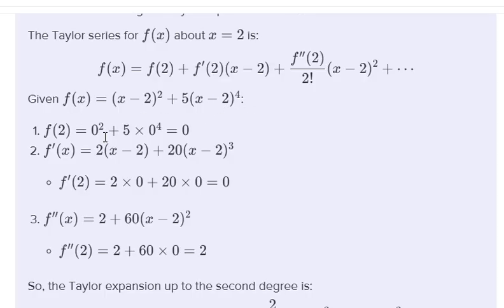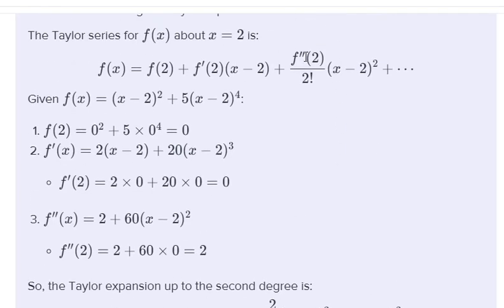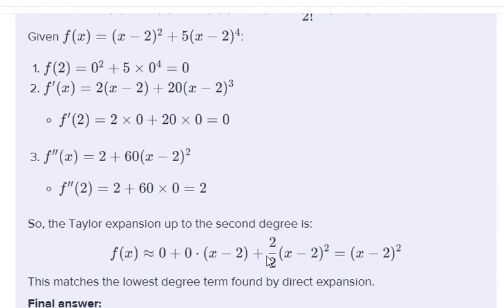Then we find that f of 2 is equal to 0, f dash of 2 we can get as 0, and f double dash of 2 is not 0. In the Taylor's expansion, f double dash of 2 gives the first non-zero term, therefore f double dash of 2 divided by 2 factorial, and the lowest degree term becomes x minus 2 whole squared.